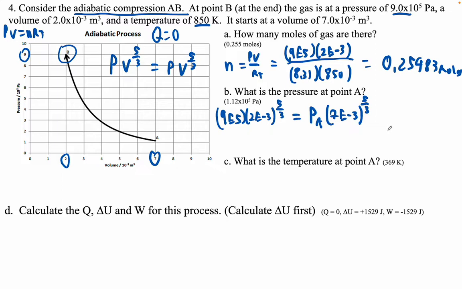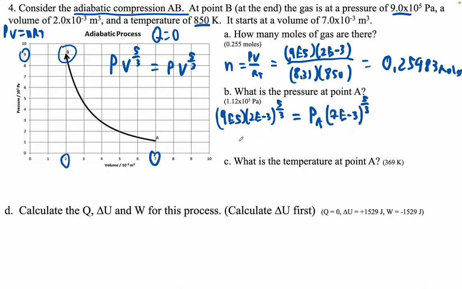9E5 times 2E minus 3 raised to the 5 divided by 3, then hit the forward arrow. And then I'm going to divide by this guy, 7E minus 3. Oops, slight difference there. Raised to the 5 divided by 3. This is where you got to love these new calculators.